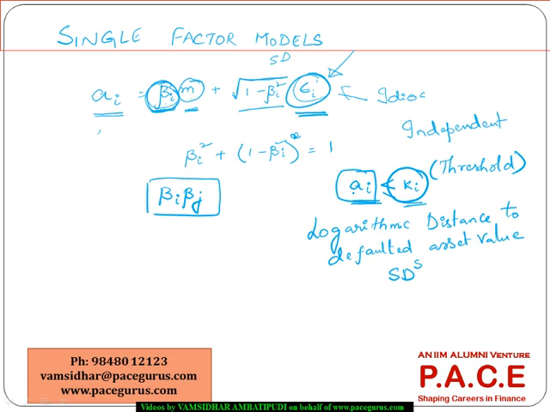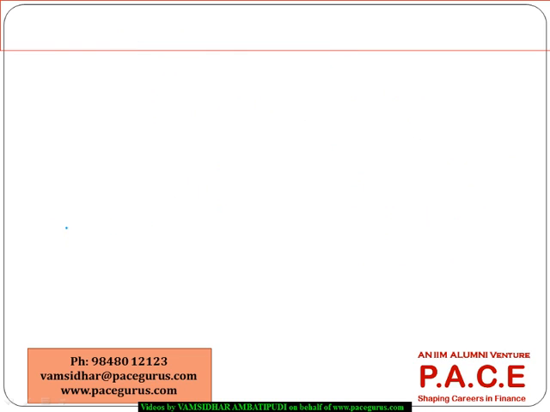If the defaulted asset value is, let's say, 2 standard deviations lesser or 3 standard deviations lesser, depending on the threshold that we are defining, we'll say that the firm is defaulting or non-defaulting.